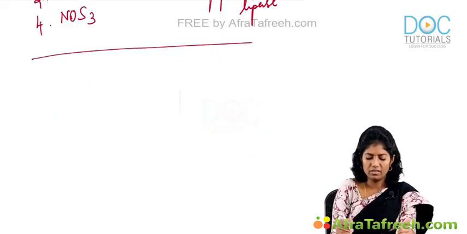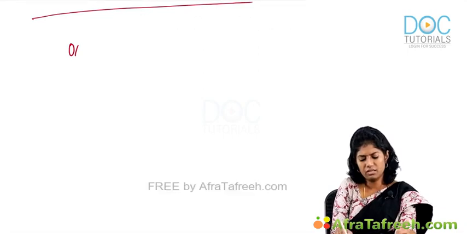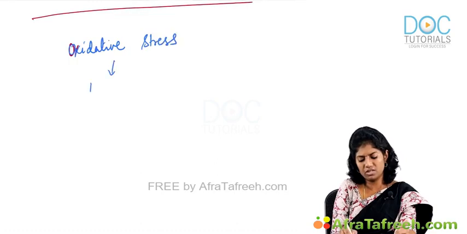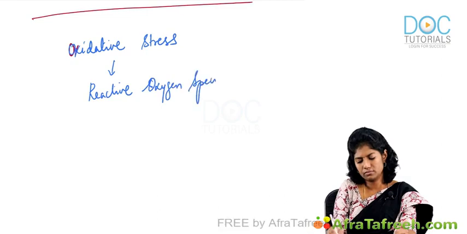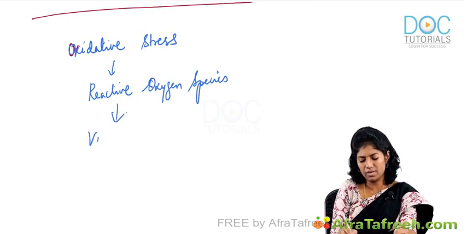So last and final here, oxidative stress. If the lady is in oxidative stress, there is increased production of reactive oxygen species, that in turn leads to vessel wall injury and vasospasm.